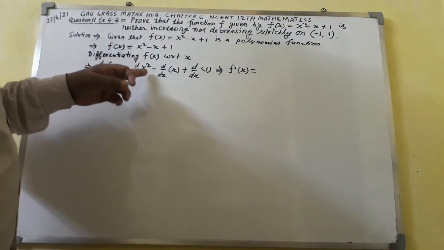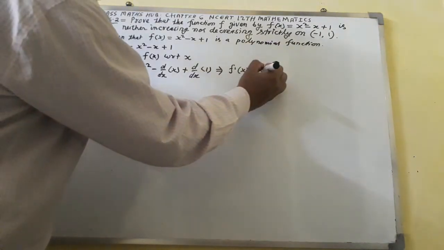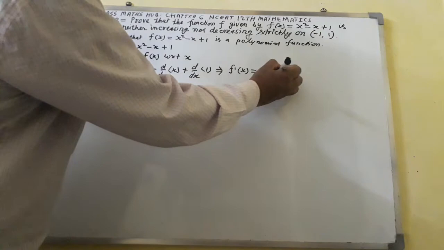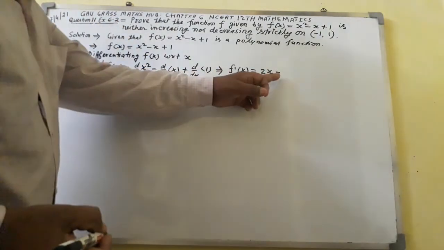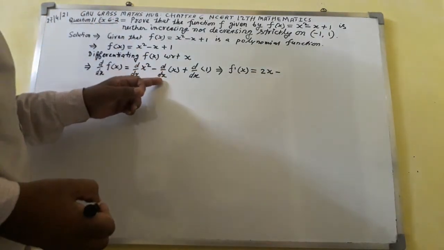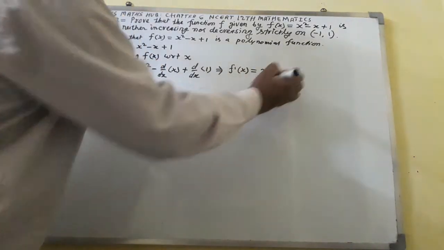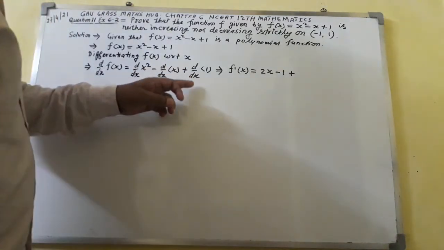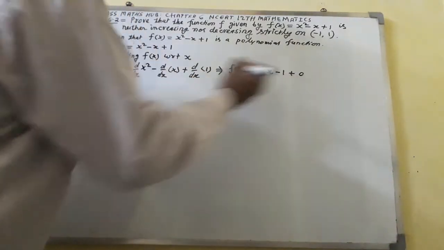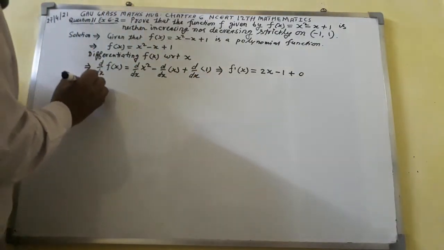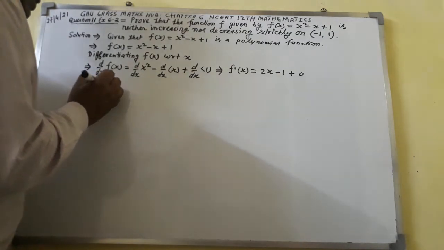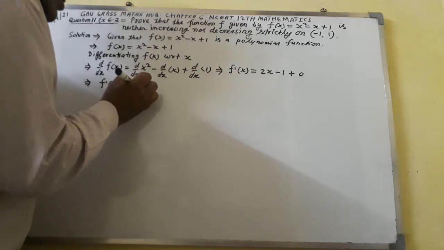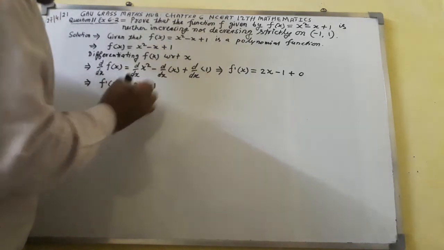d/dx of x² comes out to be 2x, minus d/dx of x comes out to be 1, plus d/dx of 1 comes out to be 0. So we have got f'(x) = 2x − 1.